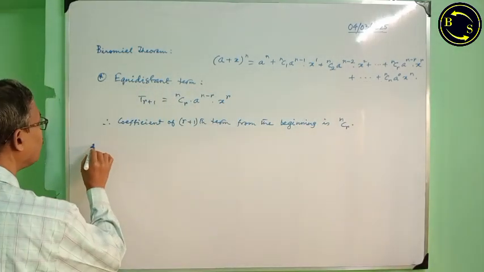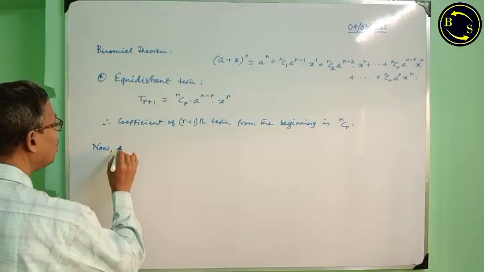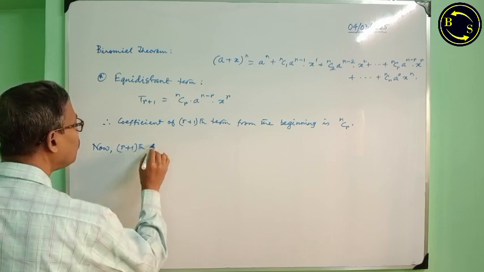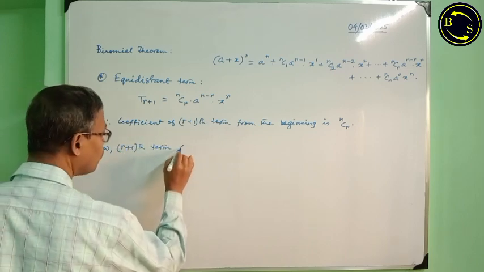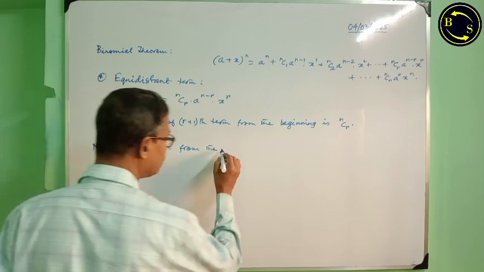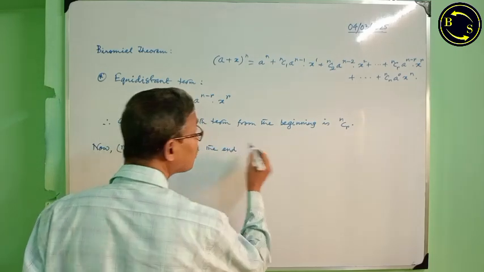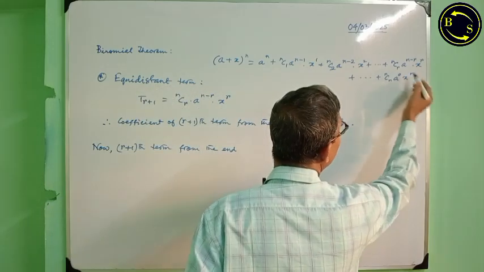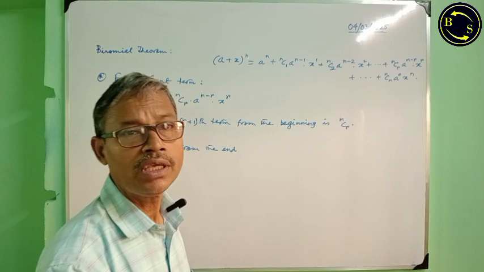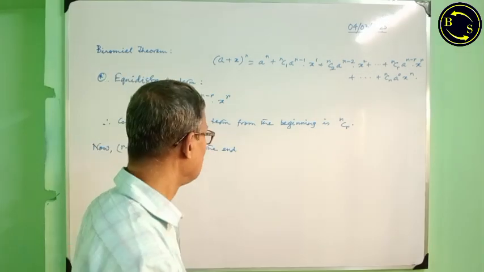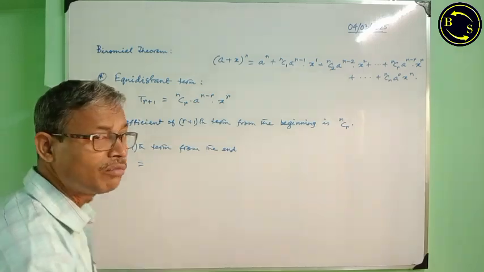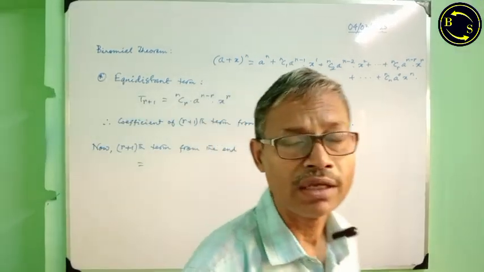Now, r plus 1th term from the end, that means from this one. Considering this one as the first term, what will be the r plus 1th term? Now we can calculate easily which term it will be from the beginning.